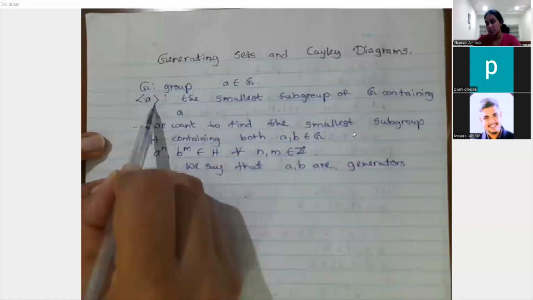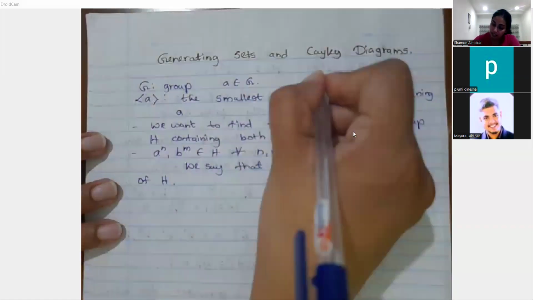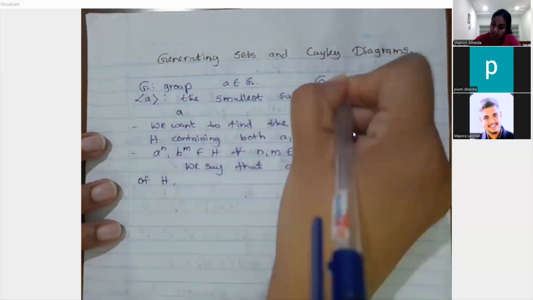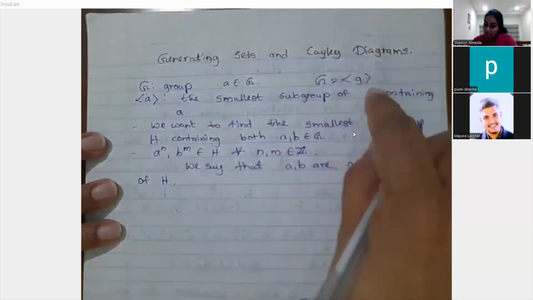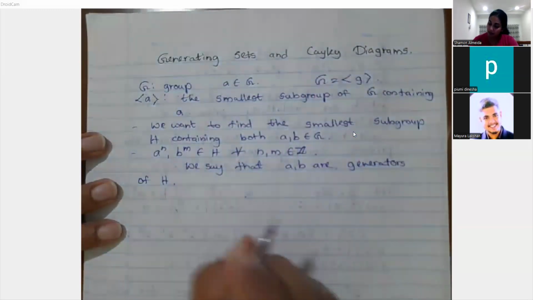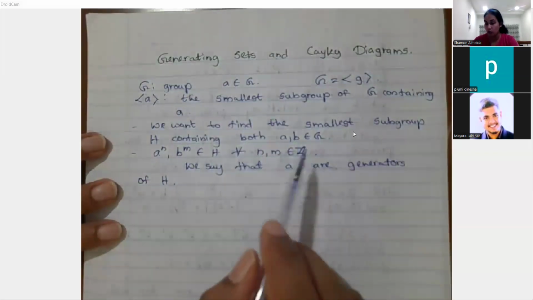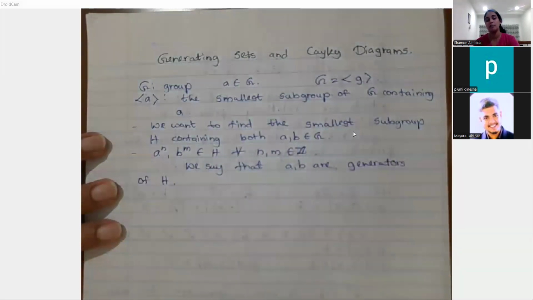As in this case, if G is generated by simply A, we say that A is a generator for G. And if H is the smallest subgroup containing both A and B, we say that A and B are generators of H, right?